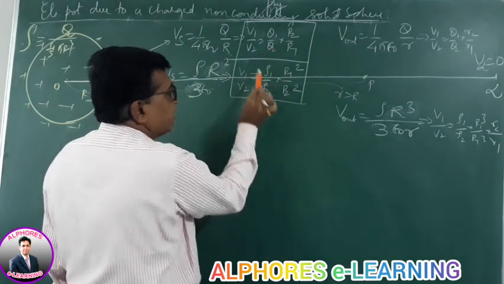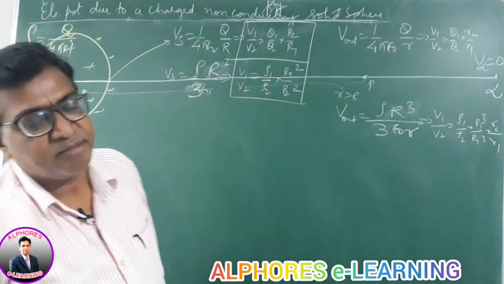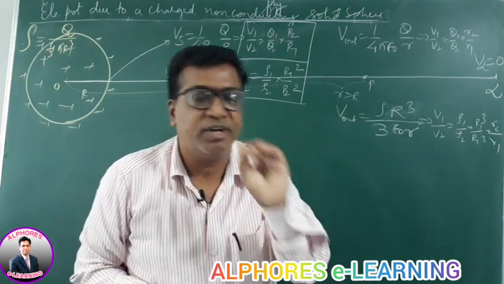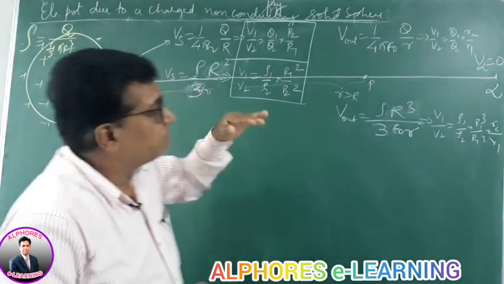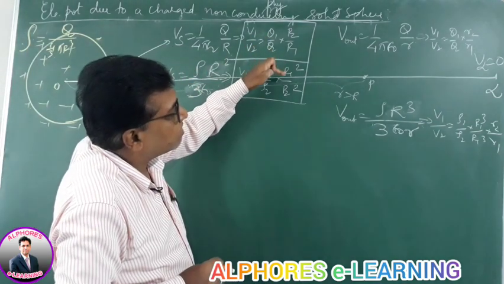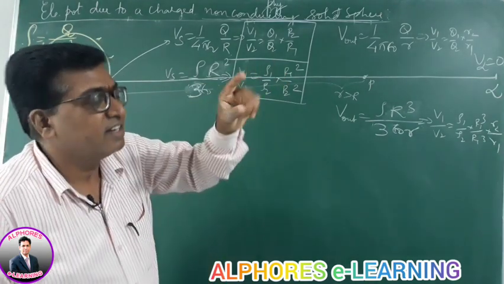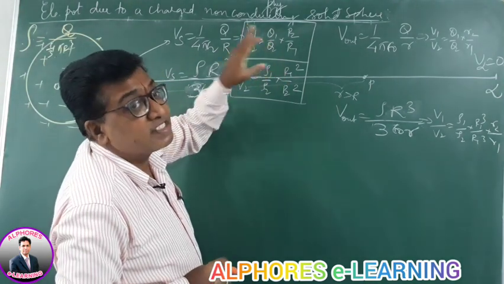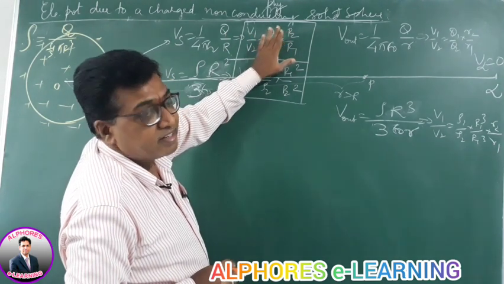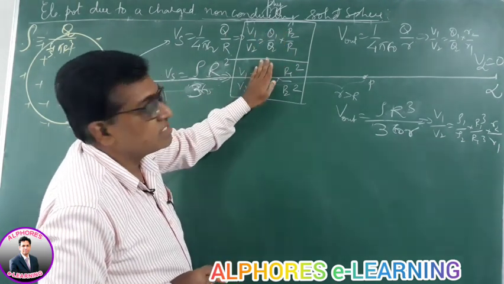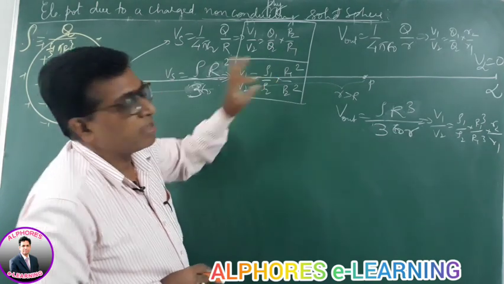The conditions are different. In the entrance examinations, you will get questions based on this point. Now you are in confusion whether V1 by V2 is R2 by R1 or R1 square by R2 square. Know the condition. When charge is equal, the same charge cancels, then it is R2 by R1. If surface charge density is constant, then it is R1 square by R2 square.